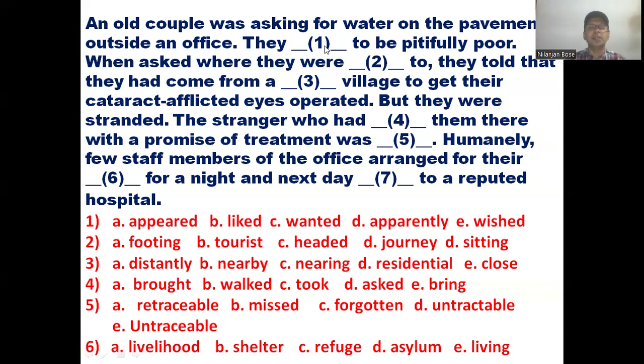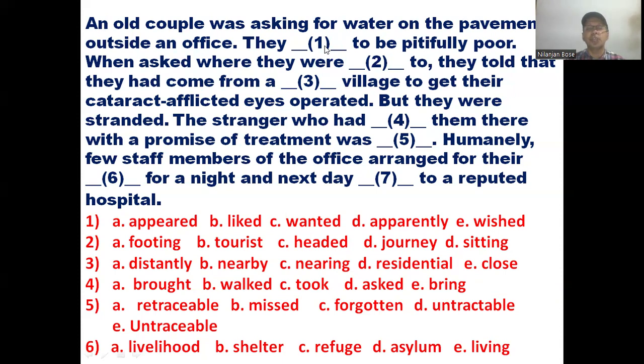But they were stranded. वो लोग एकदम एक जगह रुक गए. The strangers who had dashed them there with the promise of treatment was dash. Humanly, few staff members of the office arranged for their dash for a night and next day dash to a reputed hospital. Now, if I go through the entire passage, definitely it comes to my mind that it is narrating a story. And in that particular story, there is a problem regarding cataract, and the treatment was promised.